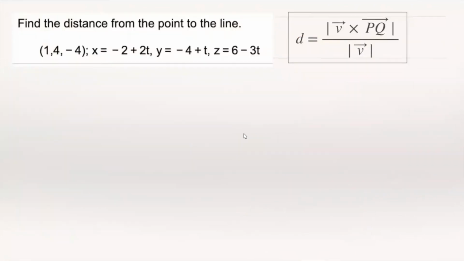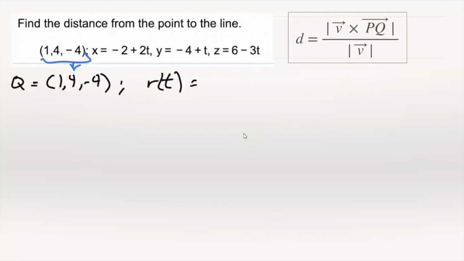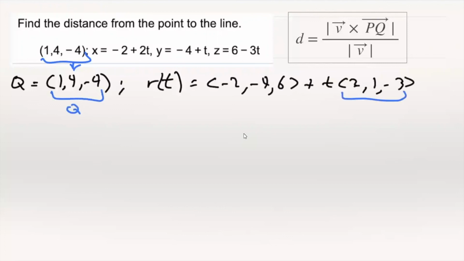Okay, so we now have all the ingredients that we need. This is our point Q: 1, 4, minus 4. And we have that r of t is minus 2, minus 4, 6, plus t times 2, 1, minus 3. So that's our Q, that's our v, and this is a point P on the line.